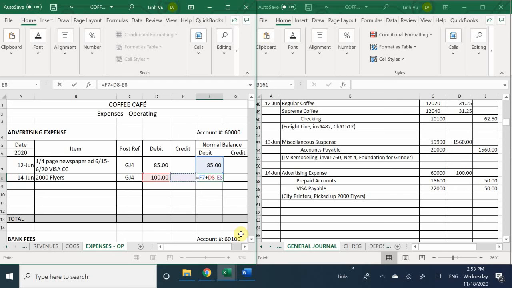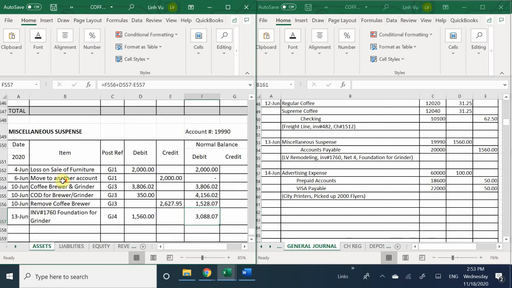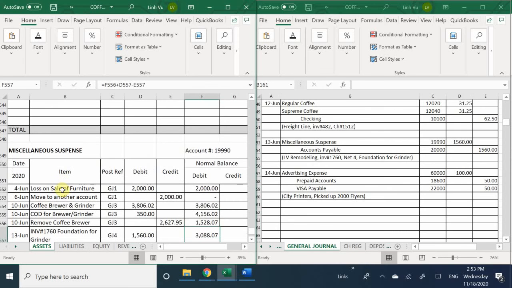My formula, I should say. 185, a total of $185 in advertising expense, right? Oh wait, yes. Then I'm going to go to my assets and redeem my little voucher here.